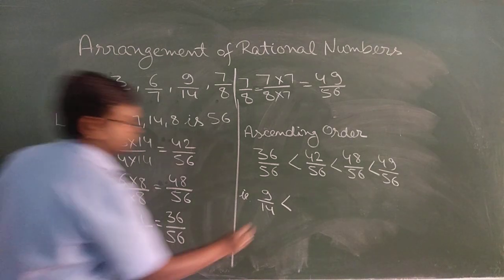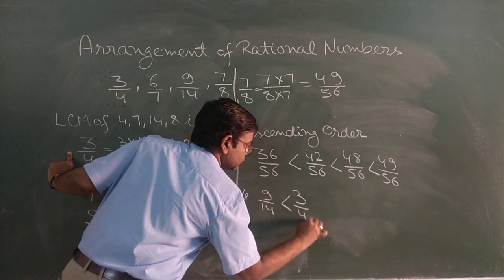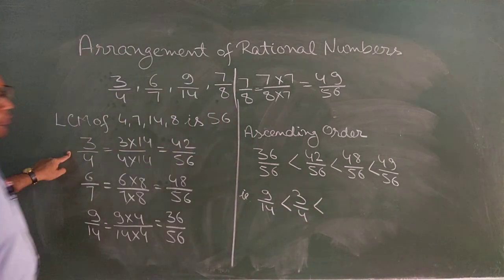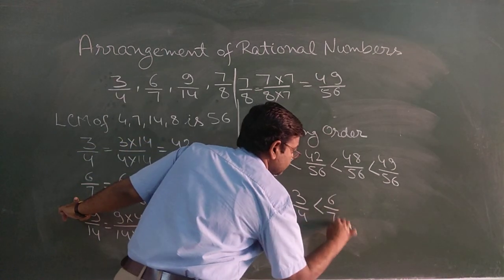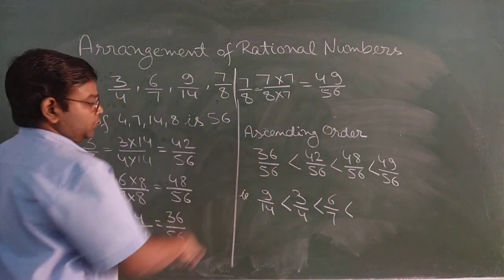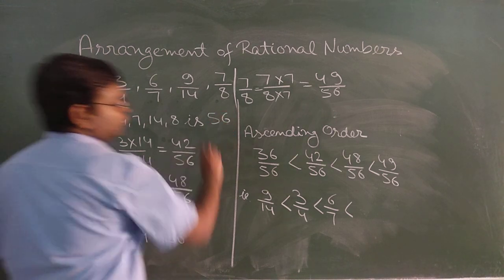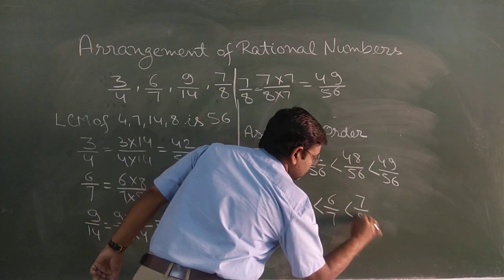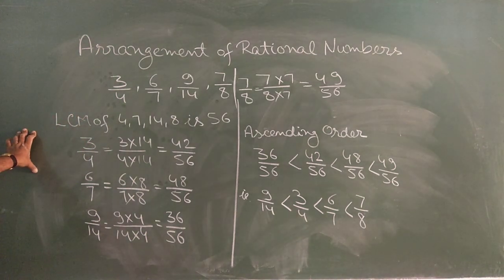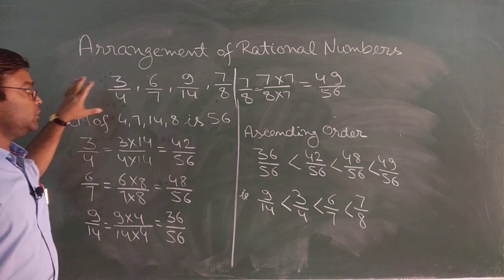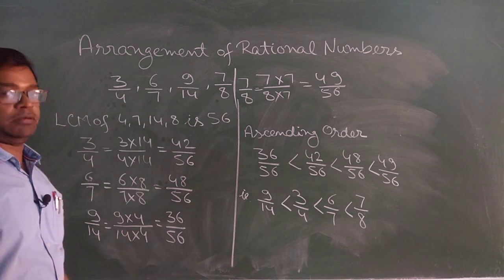This one, 3 upon 4. Then 48 upon 56, this one, 6 upon 7. Then this one, 49, means 7 upon 8. Now this is your complete solution of arrangement of the given rational numbers in ascending order.